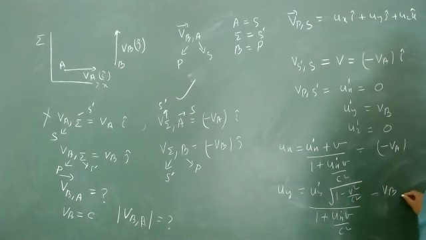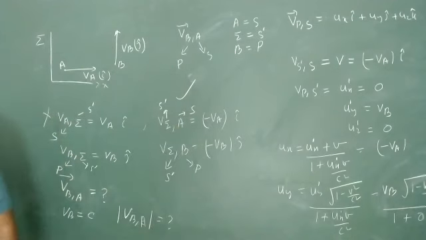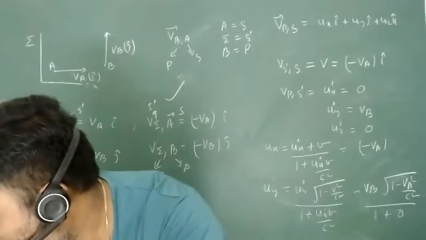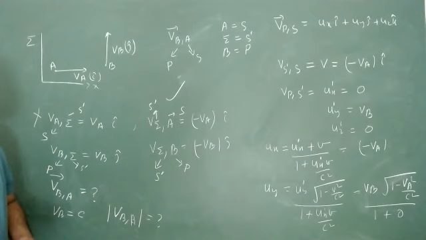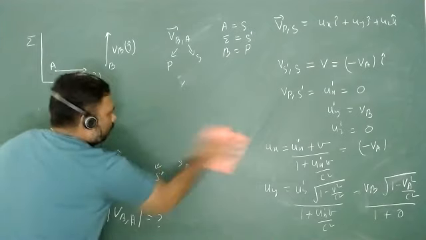So the square will be compensated: vb root under 1 minus va square upon c square, by 1 plus 0. So this will be the thing. Okay, good. So let us try to write all this thing. Its work we have done.